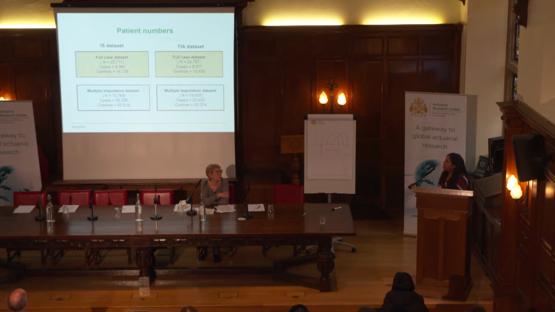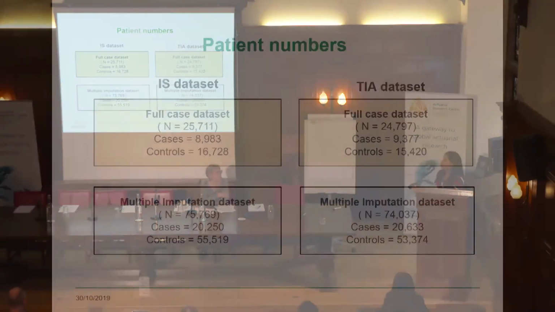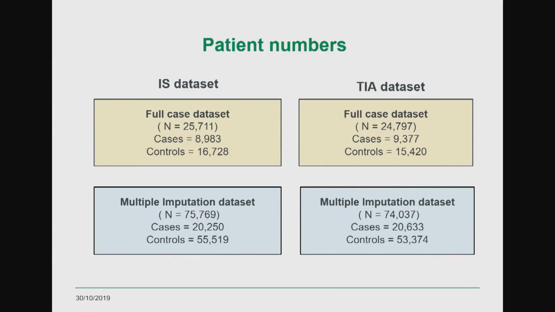Right. I have 2 data sets, obviously, one for the ischemic stroke and one for the TIA data set. To understand what these boxes mean, let's go from the blue boxes. These blue boxes are like the big data set, containing all the patients, the cases, and the controls. But this big data set has missing information, all right? I think Elias went over it and talked a little bit about why data has missing information.